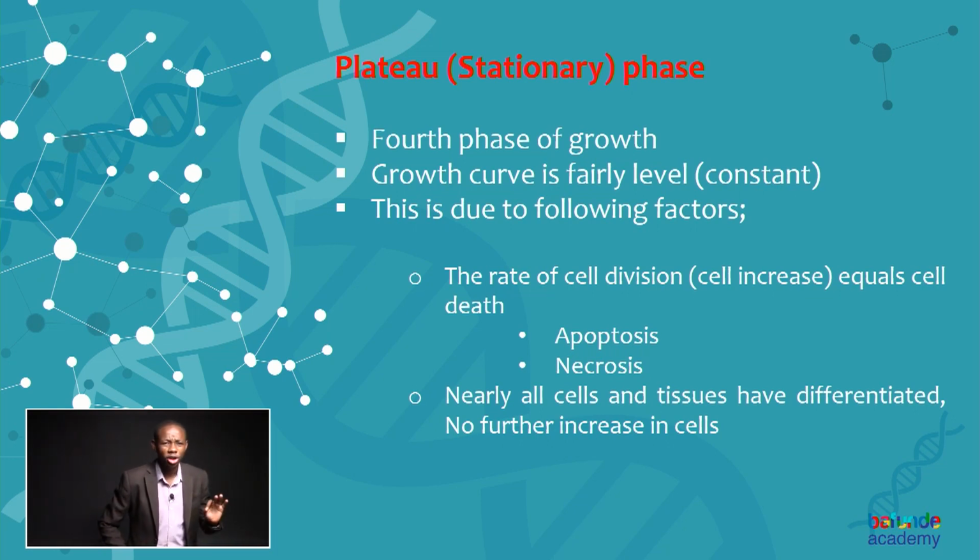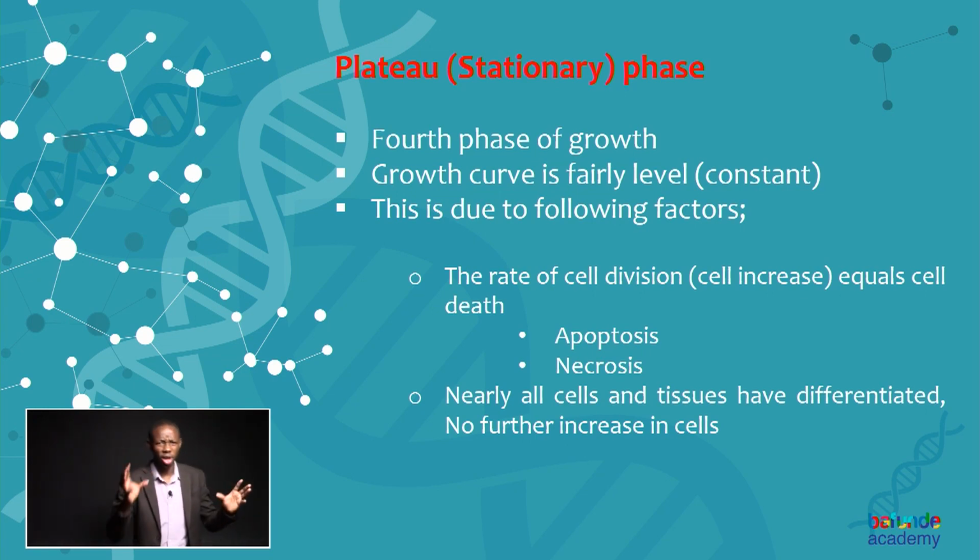And then we have what is called necrosis, which is a different type of cell death. Necrosis is a process where a cell dies after it has experienced a tissue injury, it has been injured, or if it has been invaded by a disease-causing organism.